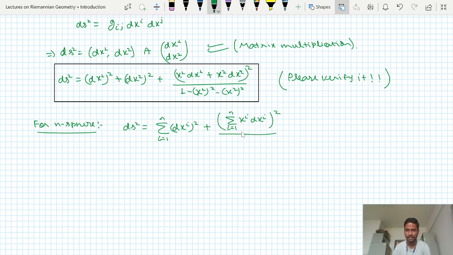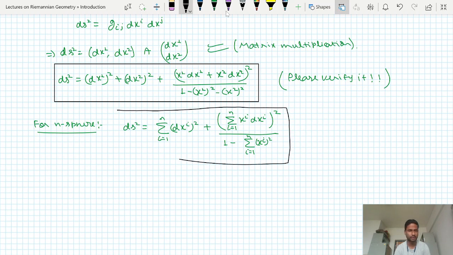And in the denominator, you have 1 minus the summation xi squared, i equals 1 to n. That's exactly the metric for the entire n sphere, the unit sphere.